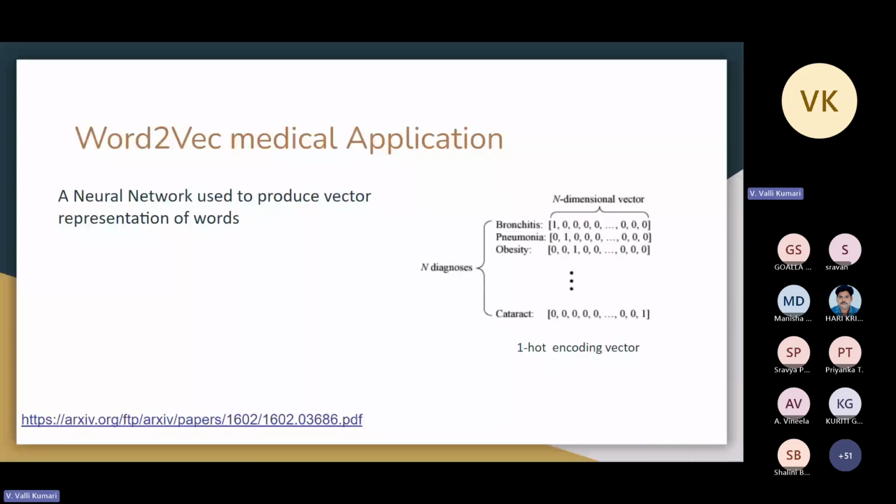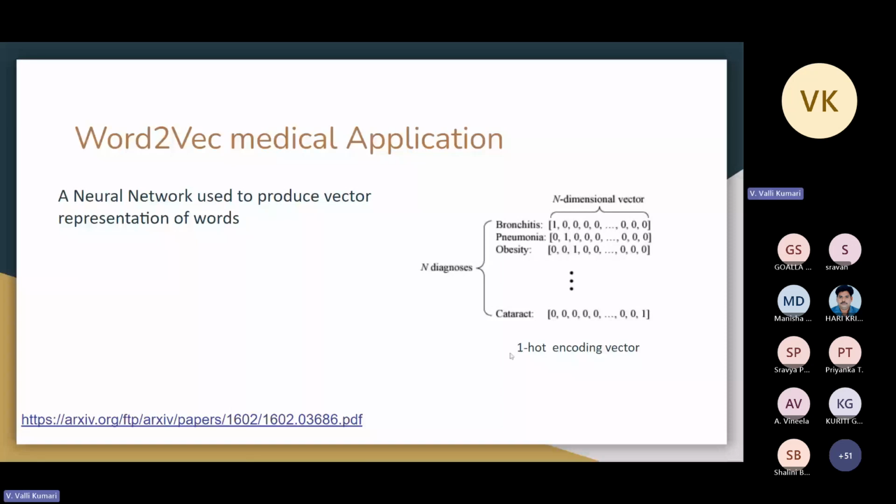So in medical applications also, right, you can have a word2vec representation. So you are trying to represent these words out here. Like, for example, you have bronchitis, pneumonia, obesity, a lot of stuff.